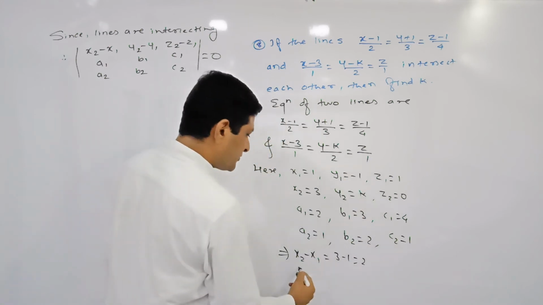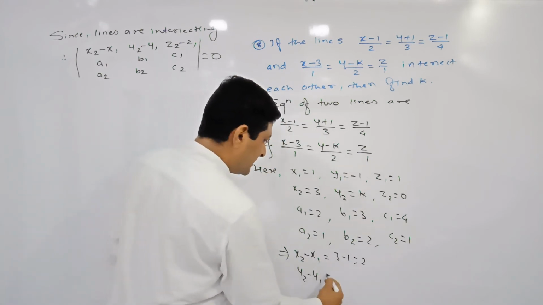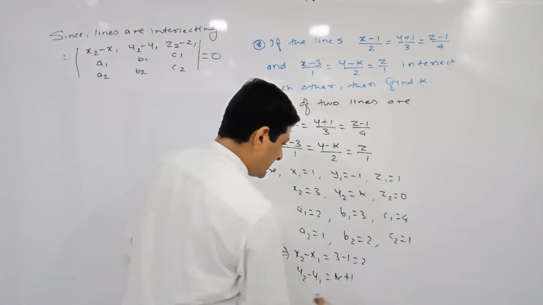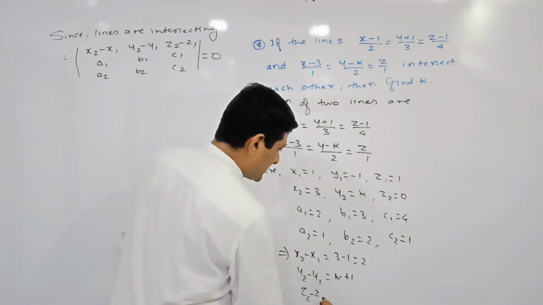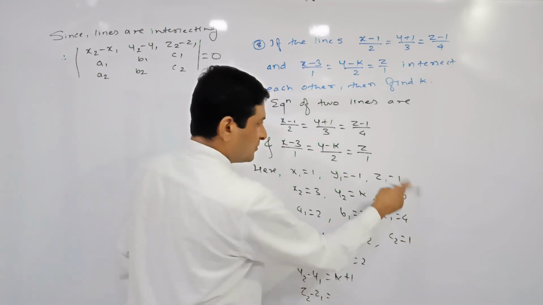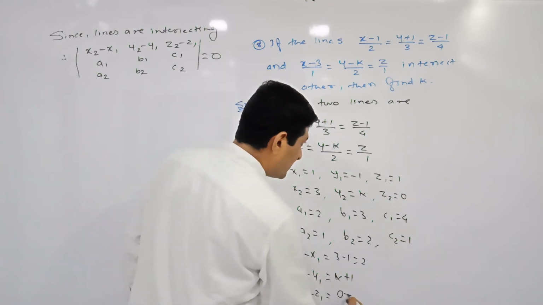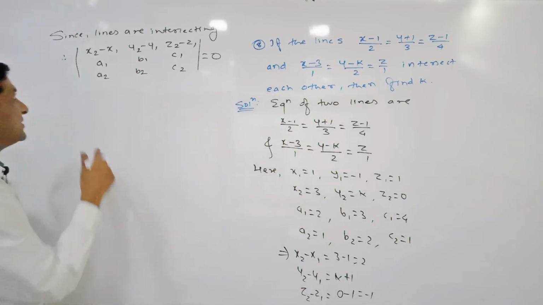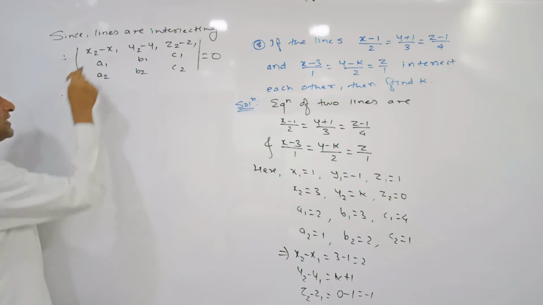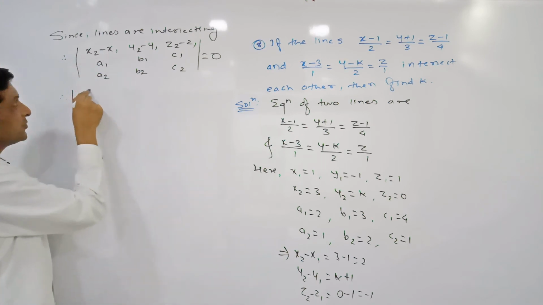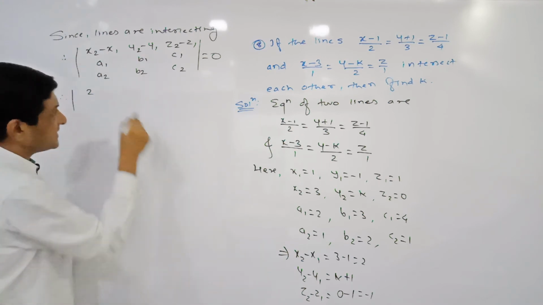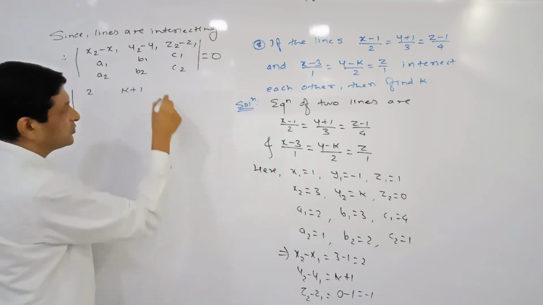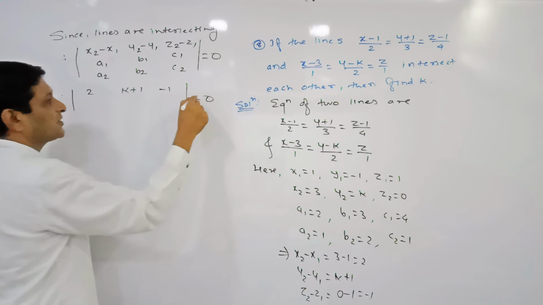Now y2 minus y1 is equal to k minus minus 1, which becomes k plus 1, and z2 minus z1 is equal to 0 minus 1, which is minus 1. Substituting all these values, we get 2, k plus 1, minus 1 in the first row. On this side 0, keep it as it is.